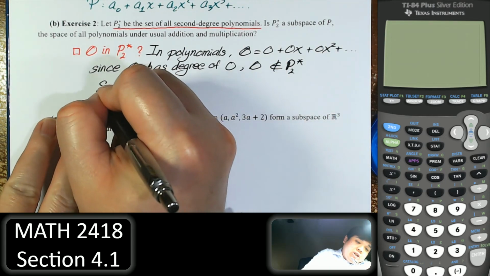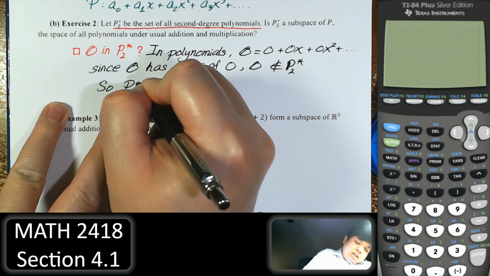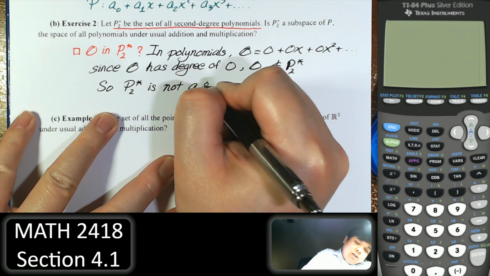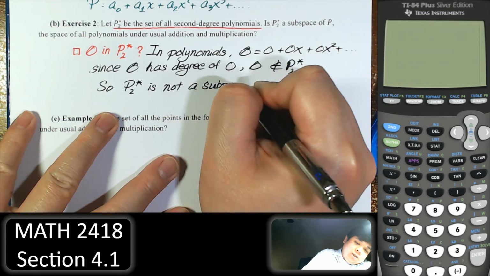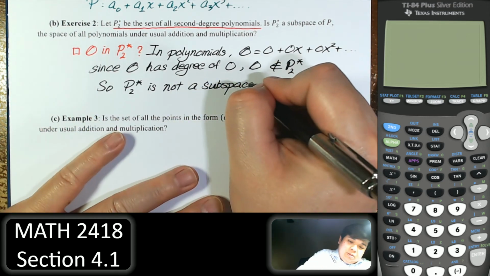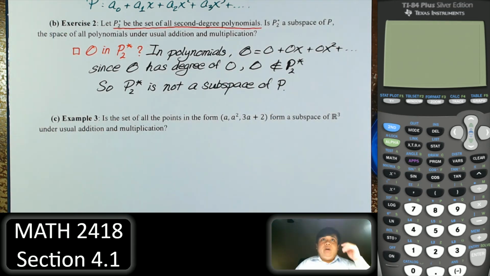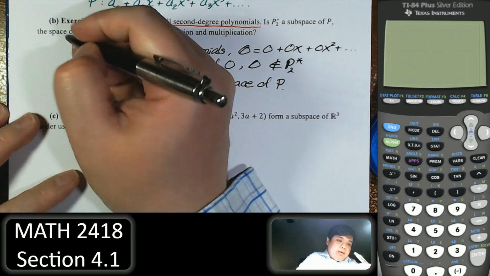So P2 star is not a subspace of the polynomials, because it doesn't have a 0 vector. Right, so it fails.